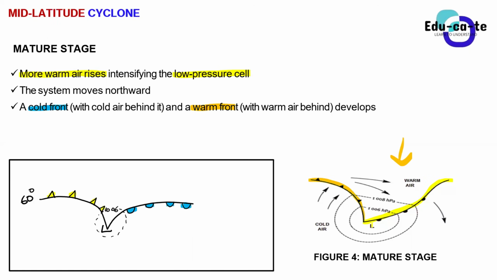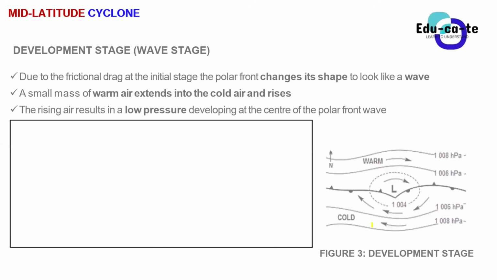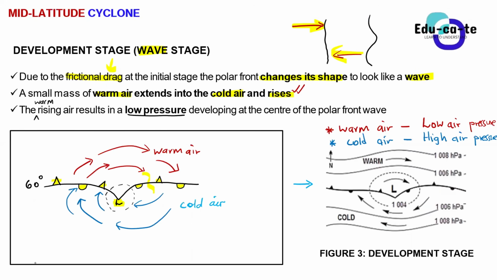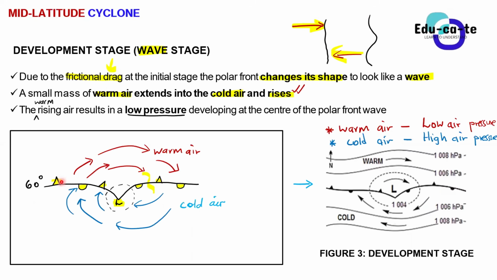Yes, sir. Let's look at the development stage. I'll emphasize this until you see it. This is not the same thing, guys. Remember, on the development stage, what did we say? We have got triangular shapes mixed with these round shapes. So you cannot say it's a cold front. You cannot say it's a warm front because there's a mixture of air.